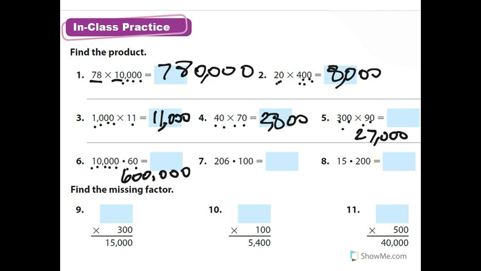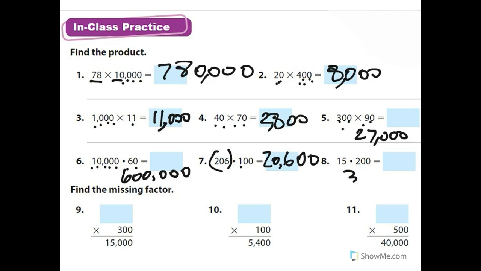So we're going to take 206 and multiply it by 1 and then add those 2 zeros. So when the 0 is inside of a number, when it's part of the number itself, we don't take that 0 out. We use that as the number. All right, you go ahead and solve number 8 and we'll go over it.